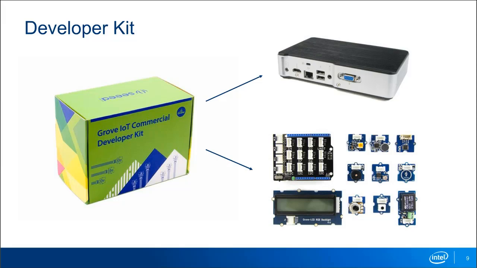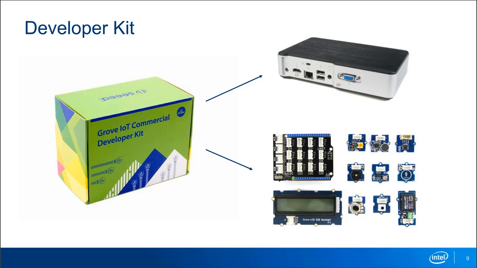So if you want to start developing using the Intel IoT ecosystem, we have developer kits that give you a gateway platform as well as a pretty basic sensor package where you can start plugging things in and start building a proof of concept.